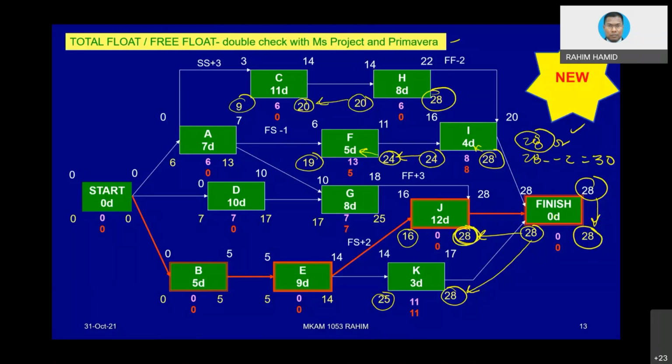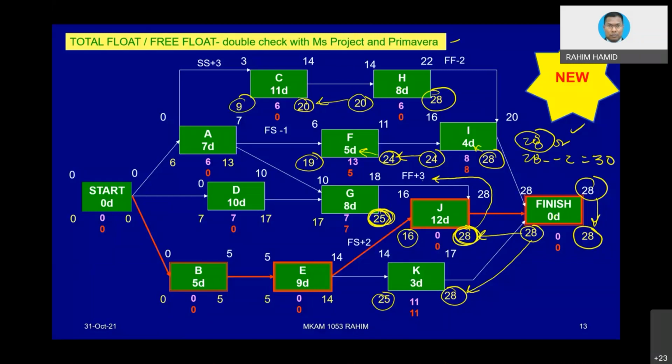So we shall use the 28, going back here, but then you have to subtract with 3. 28 minus 3 equals 25. 25 is here, so this figure is coming from 28 minus 3 equals 25. And 25 is okay, fine. It is still within the project time frame, so we don't have to change anything.